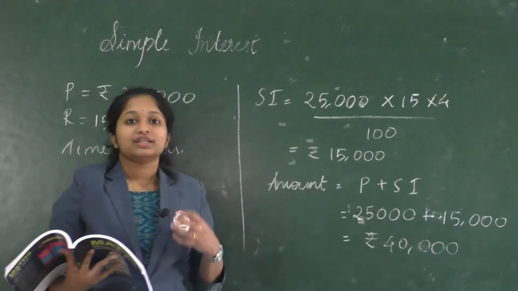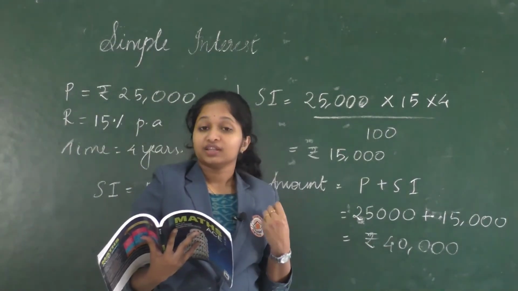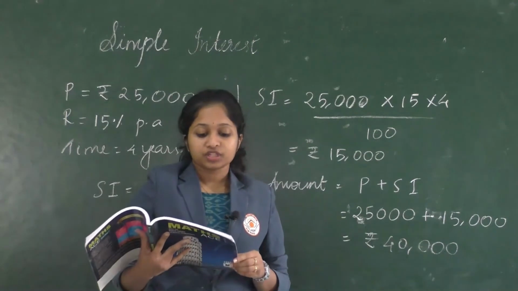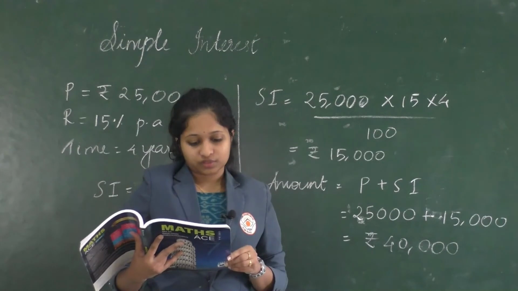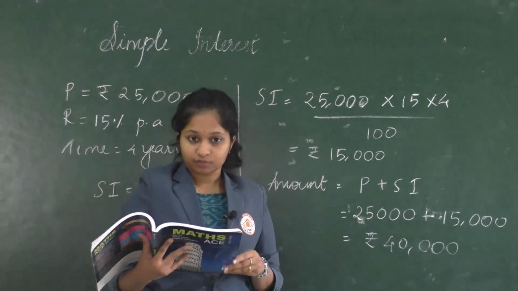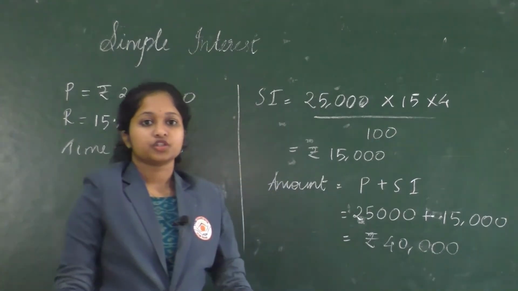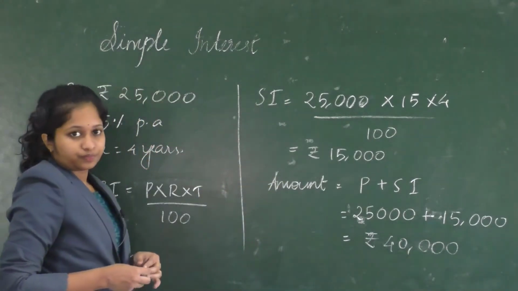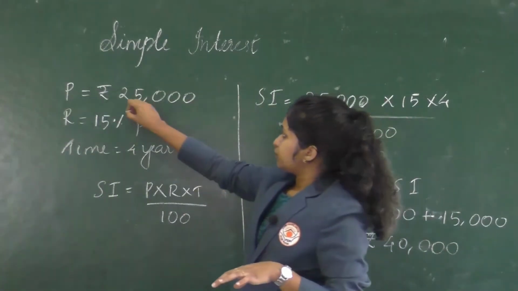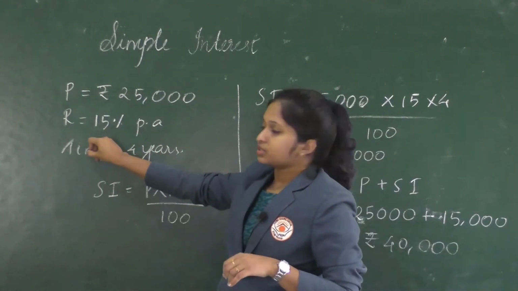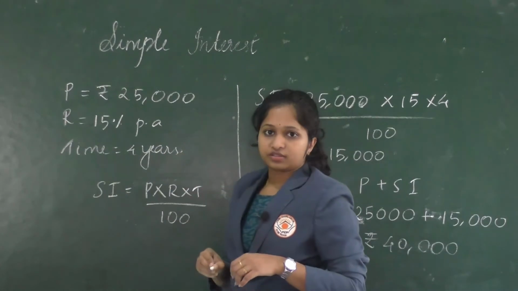So children, let's see one question. Find the simple interest and the amount payable on an investment of rupees 25,000 at 15% per annum over a period of 4 years. So we have to find the amount. We have the principal amount, that is 25,000, and the rate of interest is 15% per annum, and time period is 4 years.